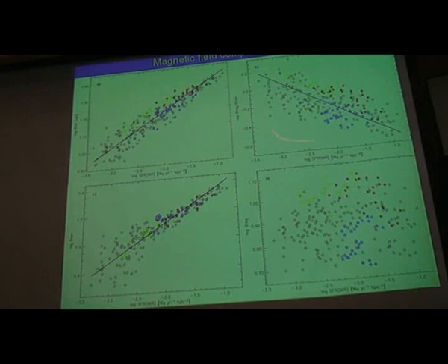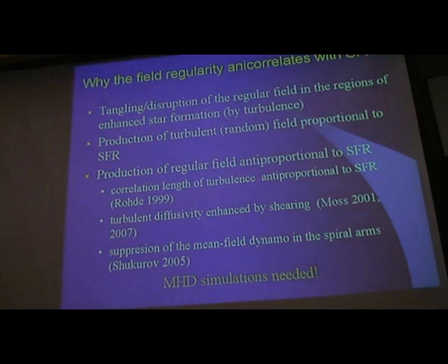So what could be the cause for this anti-correlation of regularity with star formation rate? Probably there are a few possibilities. First, tangling of regular field in regions of enhanced star formation. Then production of turbulent field proportional to star formation rate, or production of regular field anti-proportional to star formation rate. I found in the literature some discussion about how this effect could be made.